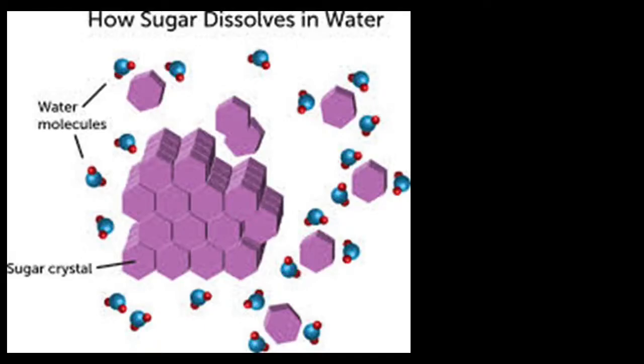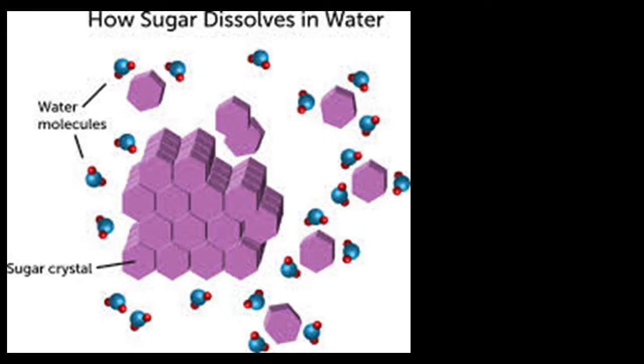Here we have how sugar dissolves in water. Remember, sugar is being solvated, it's being surrounded by the water molecules, and the molecules of sugar are small enough that they can be essentially suspended by the water molecules and form a stable solution as opposed to a suspension.